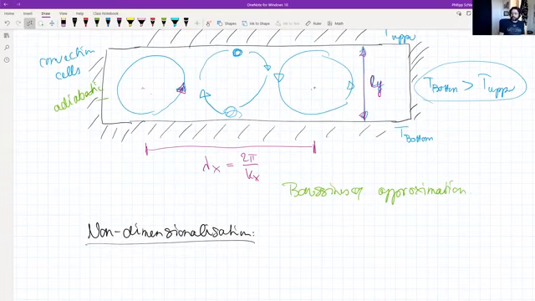We need to define somehow length and velocity scales, and then we need to scale the equations in such a way that we actually get a parameter out that can be used for the dynamic scaling of this problem.